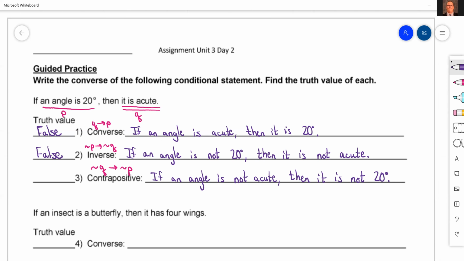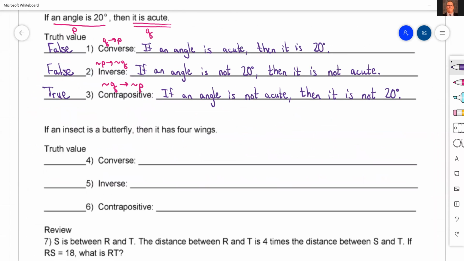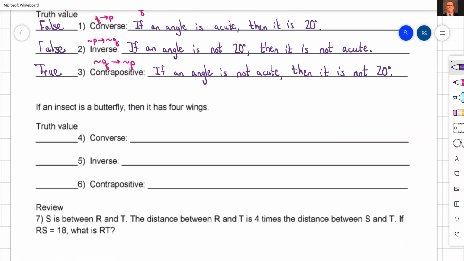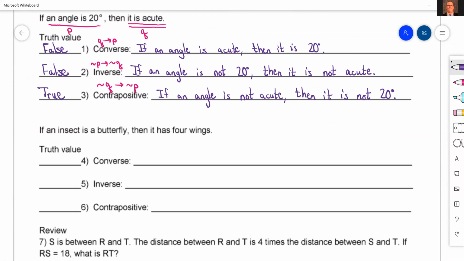Three, if an angle is not acute, then it is not 20 degrees. If it's not acute, then it can't be 20. So, yeah, that's true. So those are the first three questions.